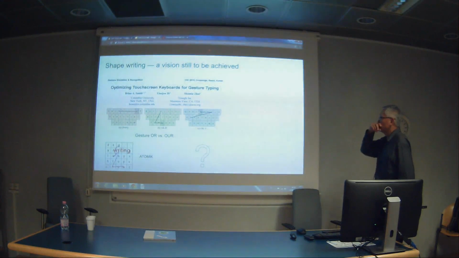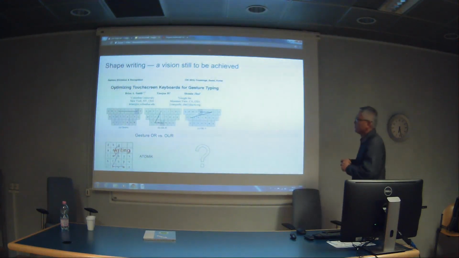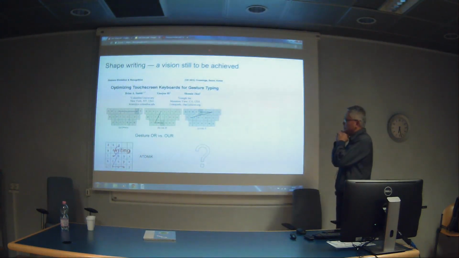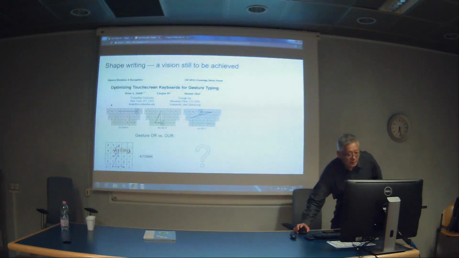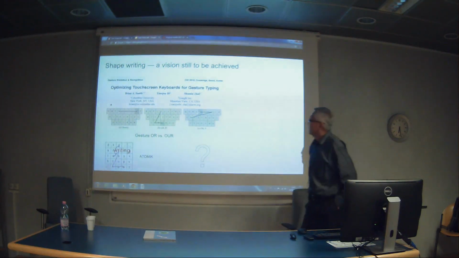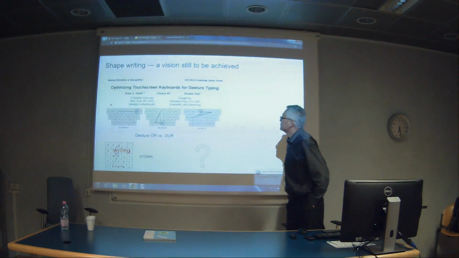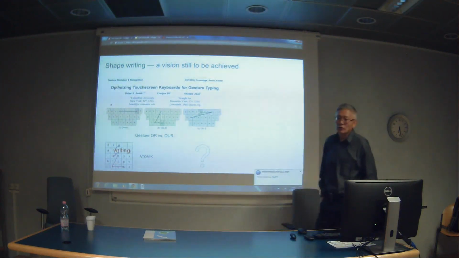Here is a paper we published a few years ago, motivated by that observation. The first key layout here is QWERTY, of course. And you can see the word QWERTY here. I guess we're trying to write the word OR versus OUR.